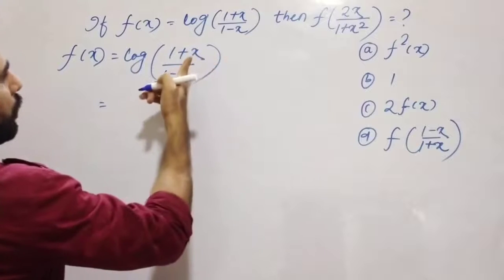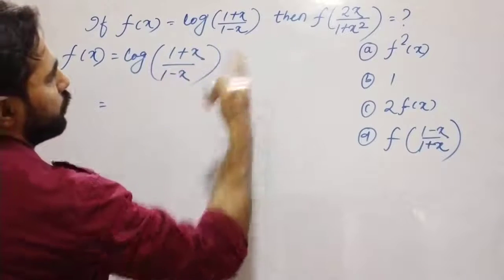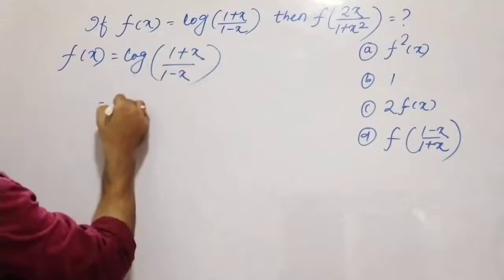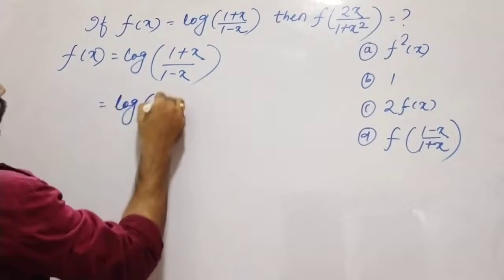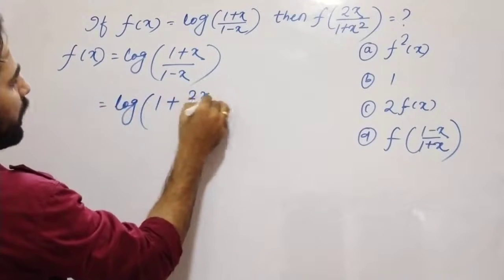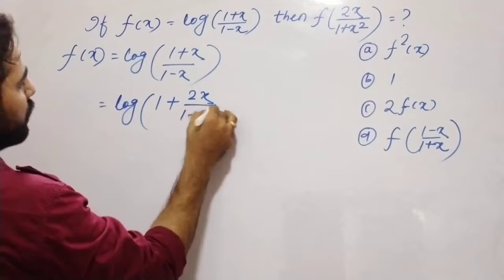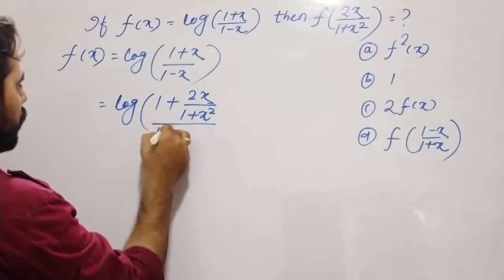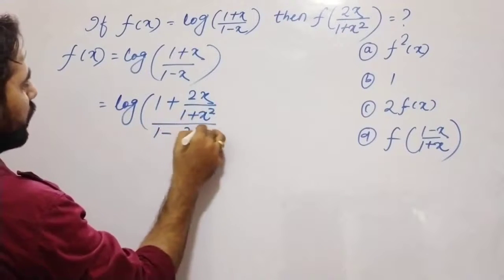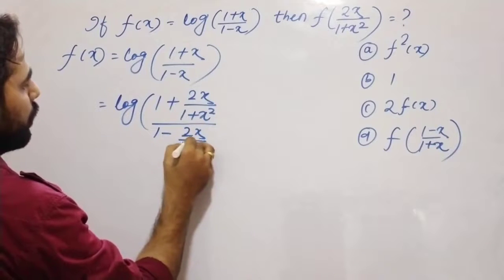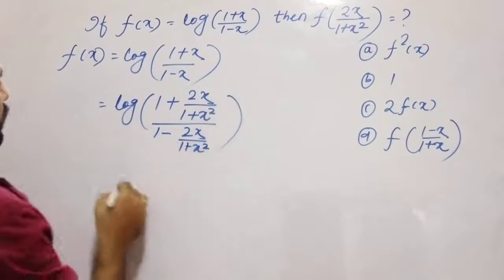Then I put the value of x as 2x divided by (1 plus x square). Then log of (1 plus 2x divided by 1 plus x square) divided by (1 minus 2x divided by 1 plus x square).